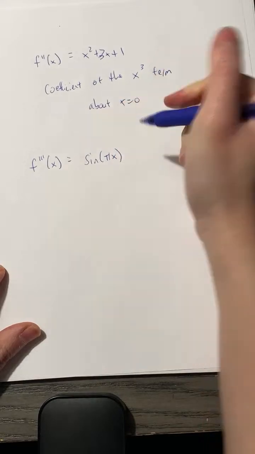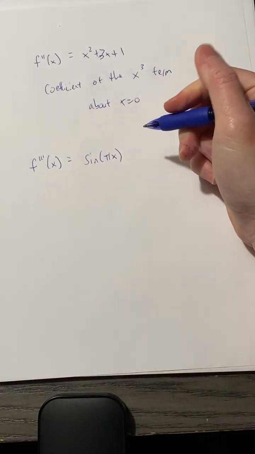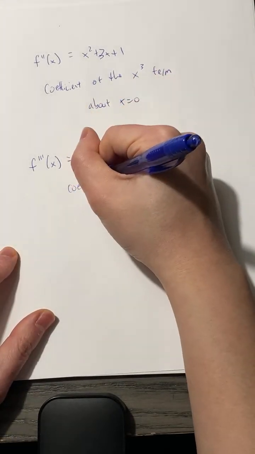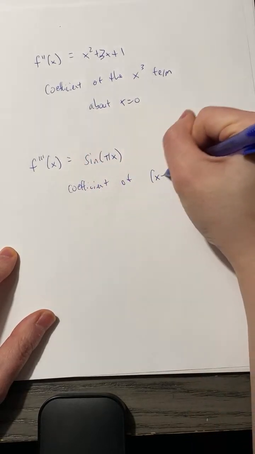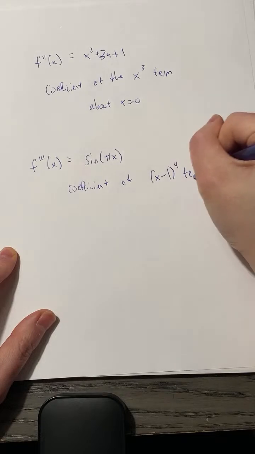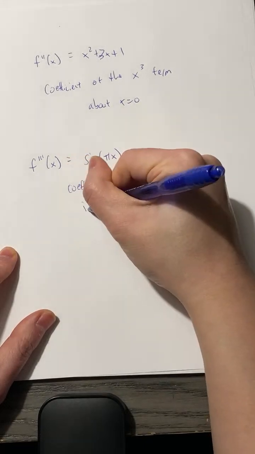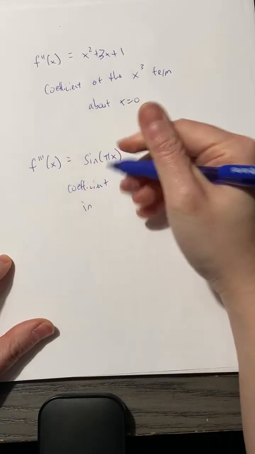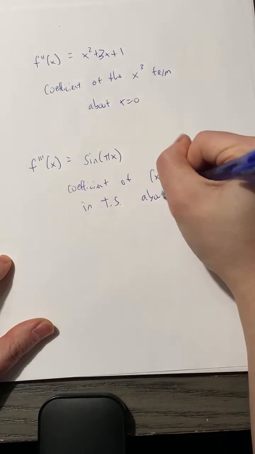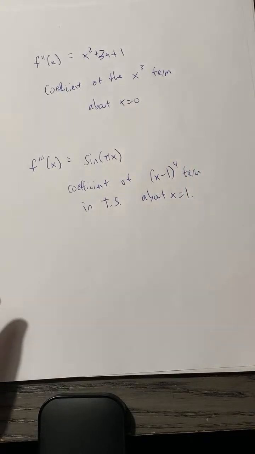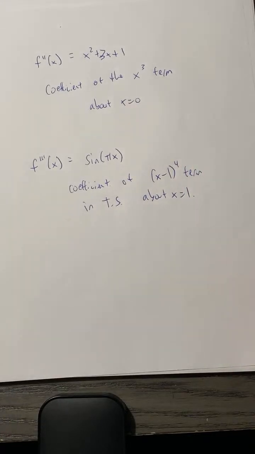I think this works. And then we're finding the coefficient of, these are two questions by the way, of the fourth term. And the Taylor series, or just abbreviate TS, about x equals 1. Again, pretty classic multiple choice questions.